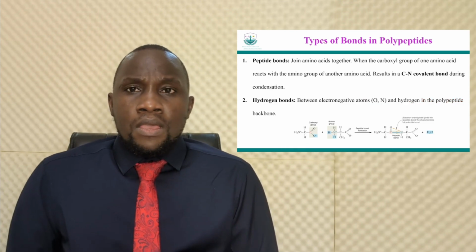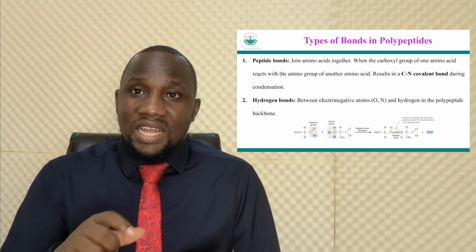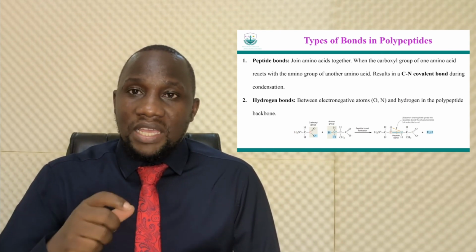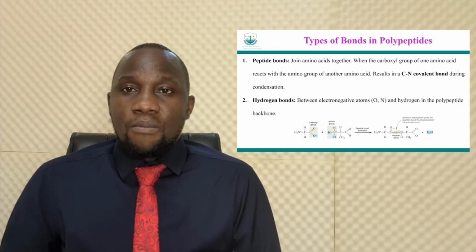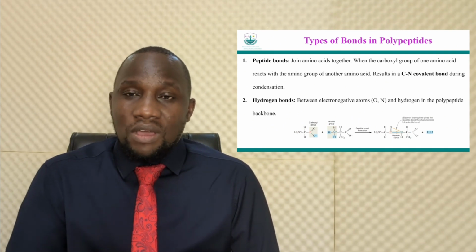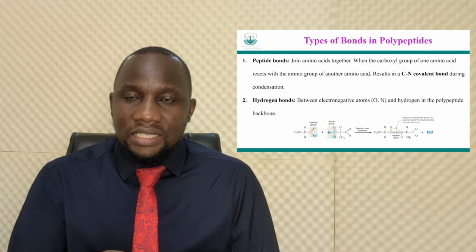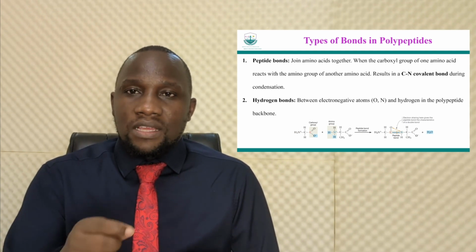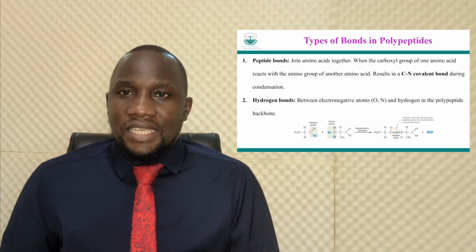So we have already noted that when one amino acid combines with another, they will combine through a peptide bond. So a peptide bond is when you have the carboxyl group of the amino acid combining with the amino group of another amino acid.